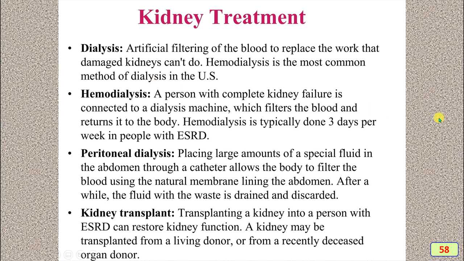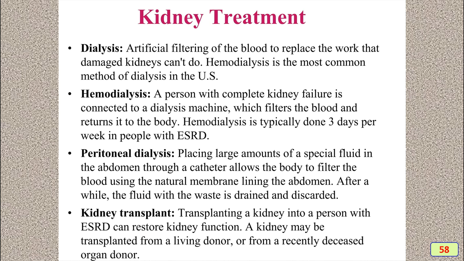So, a person with complete kidney failure is connected to a dialysis machine which filters the blood and returns it back to the body automatically. Hemodialysis is typically done 3 days per week in people with severe kidney damage.